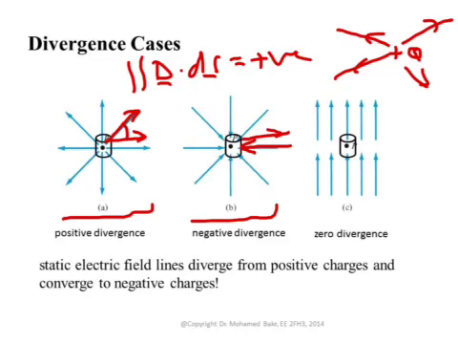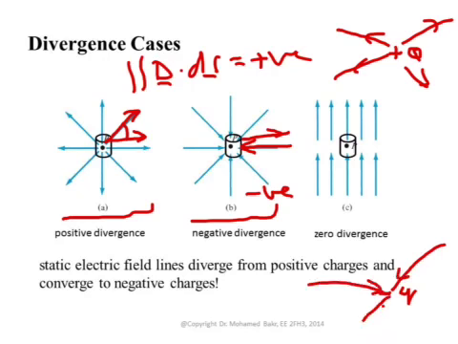So if you collect all the contributions coming from the three surfaces, you will end up with a negative answer. This is telling you that there is a sink, that the field lines are converging, they are not diverging from that point. And this is what happens in electromagnetics when there is a negative charge, minus q, at one point. Electric field lines will converge and end on that negative charge.